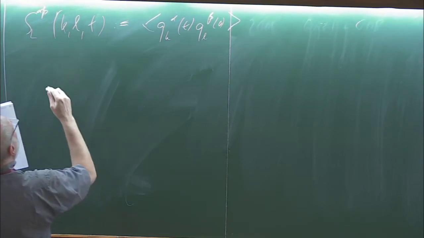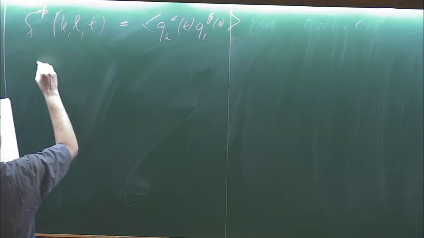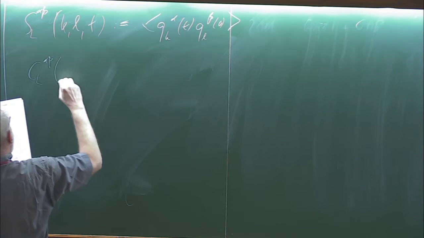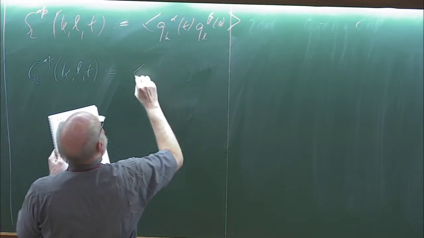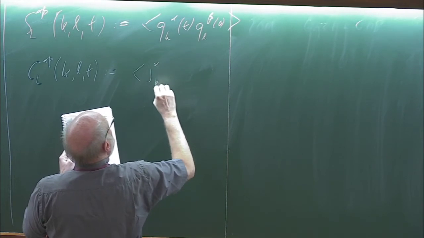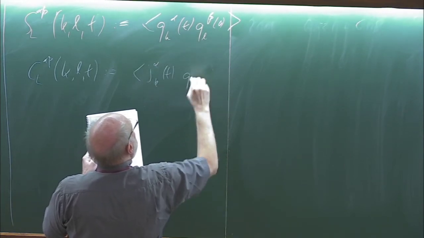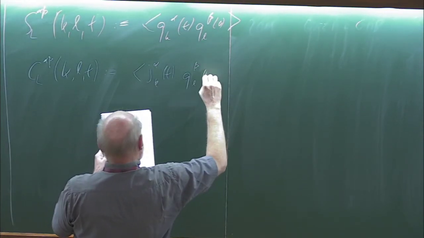And then the following current-charge correlators, C_L^{αβ}(k,l,t), will be the expectation of j^α_k(t), q^β_l(0).